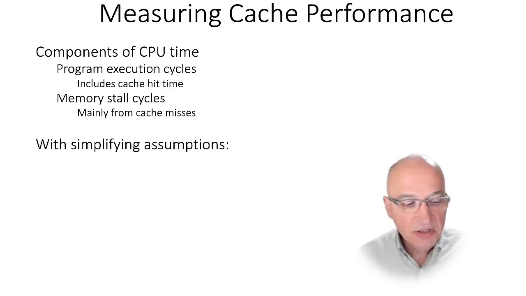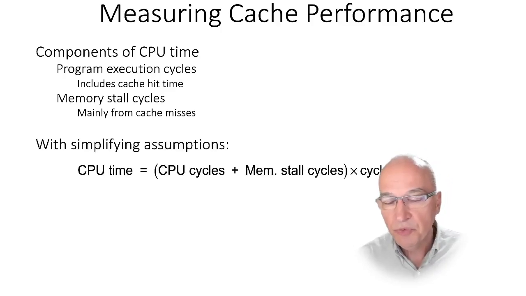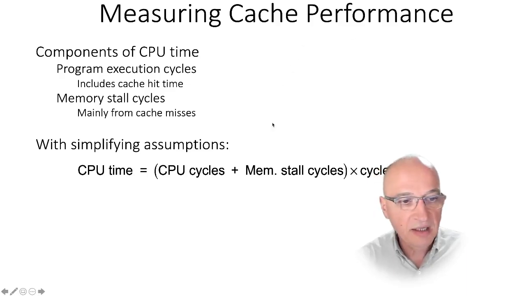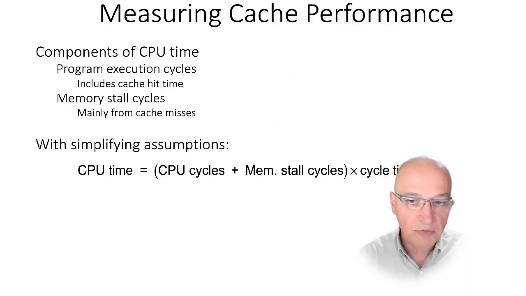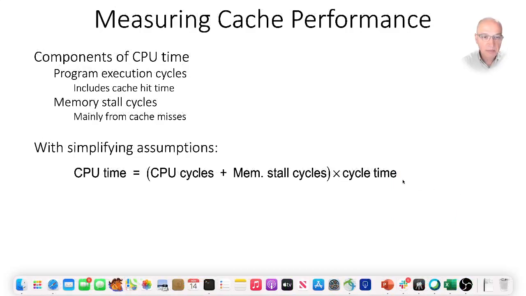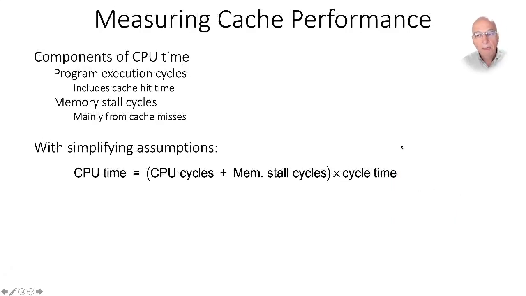So using some simplifying assumptions, we can say that the total time to execute in the CPU is equal to the number of cycles that you need to execute in the CPU plus the number of cycles in which you stall, in which you are waiting for memory, times the clock cycle time.